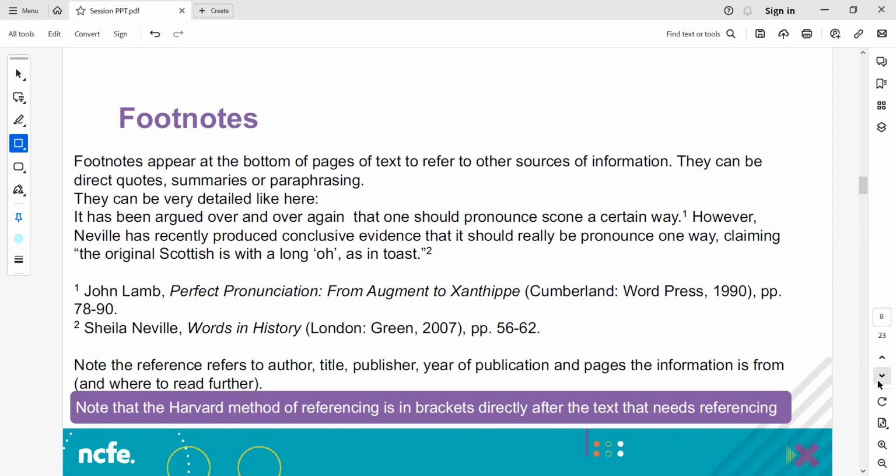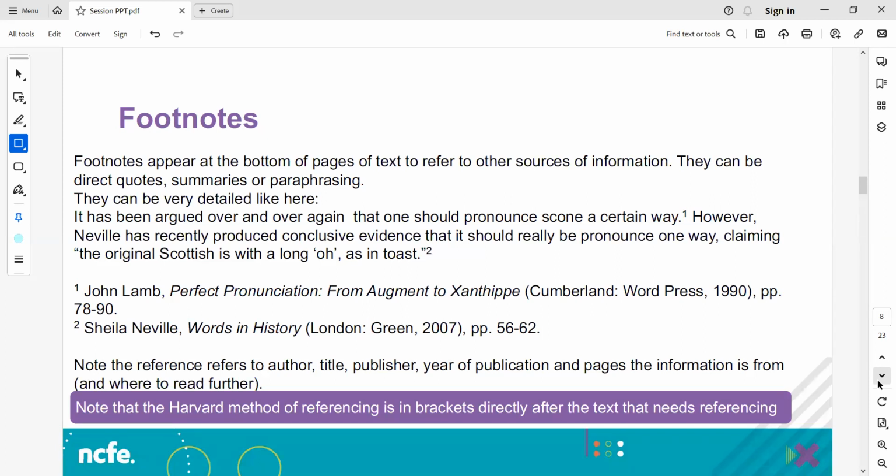So the footnotes could be a direct quote, such as 2, where the original Scottish is with a long O, or it could be referring to where arguments have been made, a general reference to another book or text. So it can be used for both purposes, a footnote.